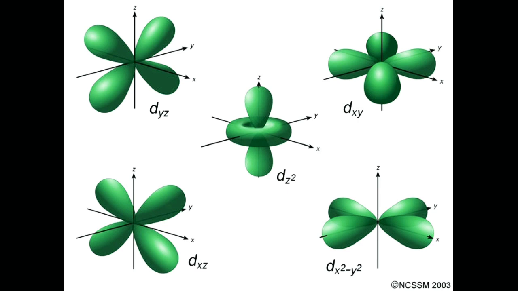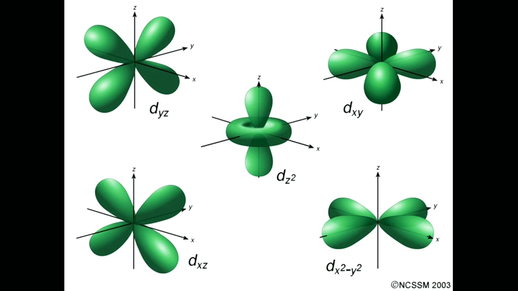In this, the 2 dumbbells will be aligned either between the axes or along the axes. The first one, dyz, wherein the 2 dumbbells are aligned between the y and z axes. Number 2, in the dxz orbital, the 2 dumbbells are aligned between the x and z axes. Number 3, the dx square minus y square orbital, wherein the 2 dumbbells are aligned along the x and y axes respectively.